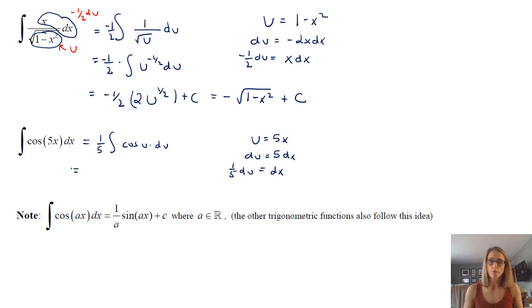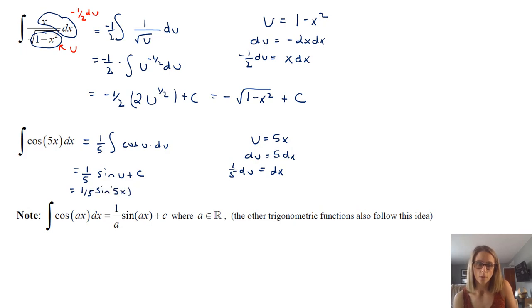And so the only difference, notice, we're not really replacing that much, except for the inside is now u, and we have a 1/5 on the outside. But we take the antiderivative of cosine, and we just get sine of u. And then if we just replace the u with the 5x, you can see that we get this.